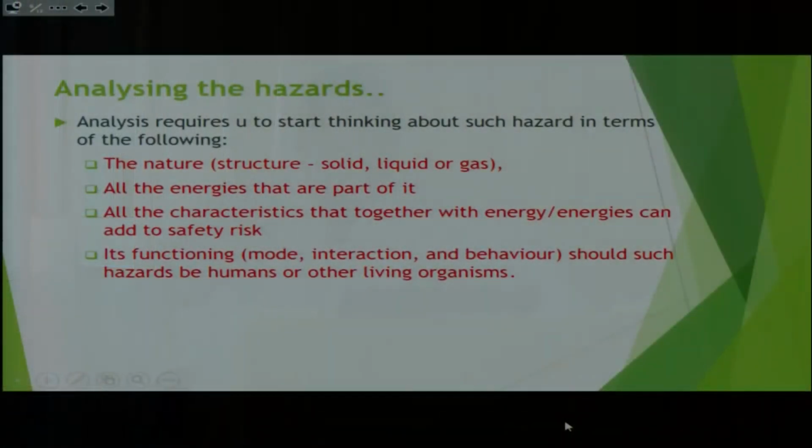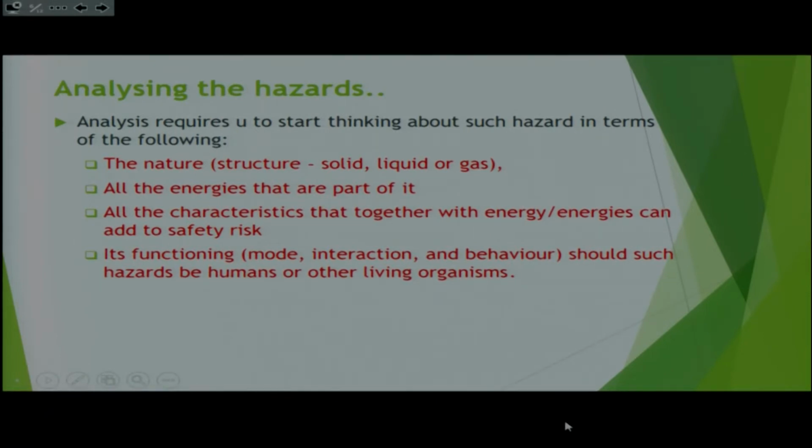Analyzing hazards. When you go into the process of analyzing hazards, you should think about these hazards in this specific manner. Before you can be able to analyze those hazards, you should think about it in these terms. The nature of that hazard. Is this hazard a solid or liquid or in a gaseous form?